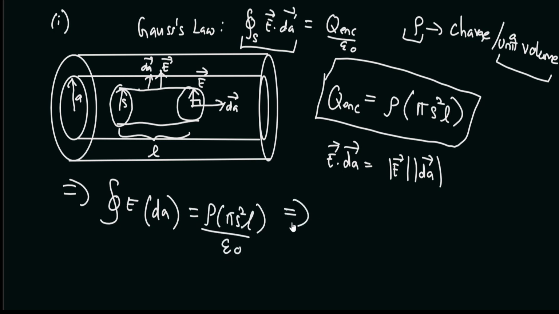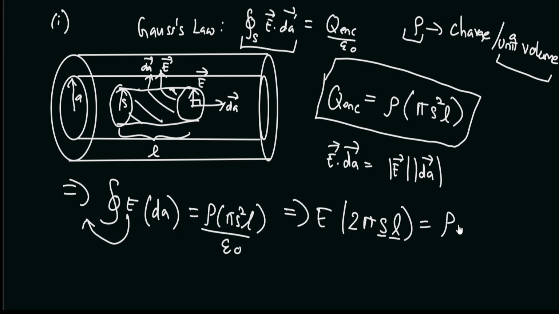Now since the electric field will be constant at all points on the curved rectangular region, we can take the electric field outside. Now the integral of surface area will just be the area of the curved rectangular region, which we know is nothing but 2 pi s times L, where s is the radius of the Gaussian cylinder and L is the length of the Gaussian cylinder, which will be equal to ρ pi s square L divided by epsilon naught.